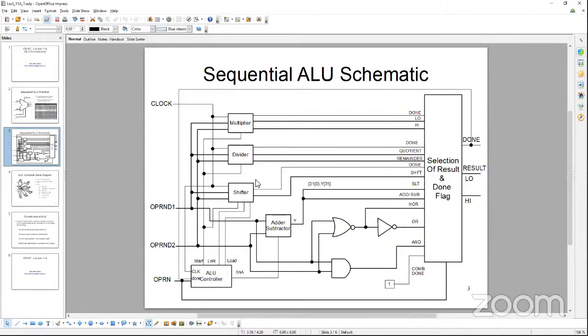Remember, the multiplier has a controller, which in turn is a state machine. The divider has a controller that is also a state machine. The shifter is also a state machine. They are very simple state machines, but nonetheless, they are state machines. So that means my overall ALU needs a state machine, especially to control when to get the result and the done signal out of the door.